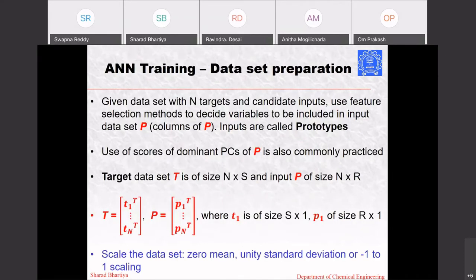Now, let me move forward to some aspects of how you use a neural network. What I've covered so far is the architecture of a neural network, and now I will move into how one uses these neural networks.